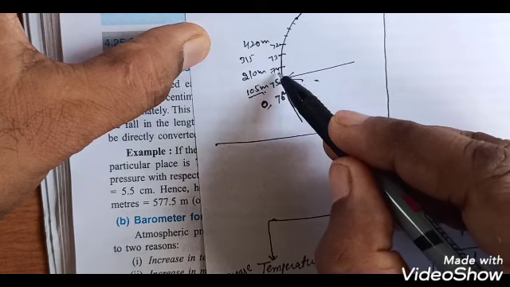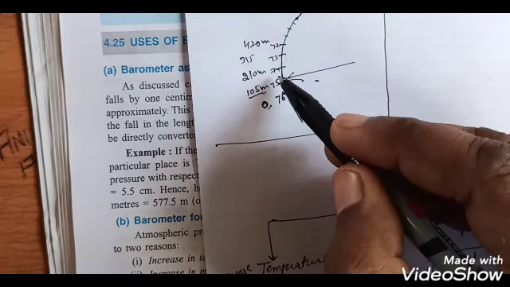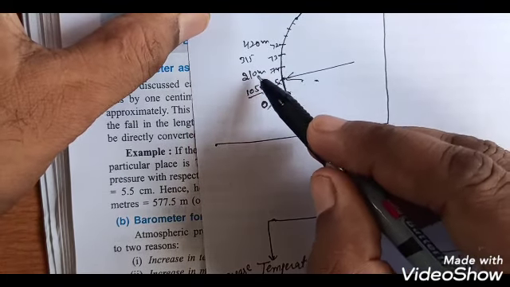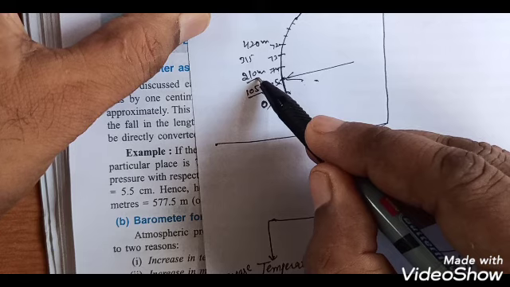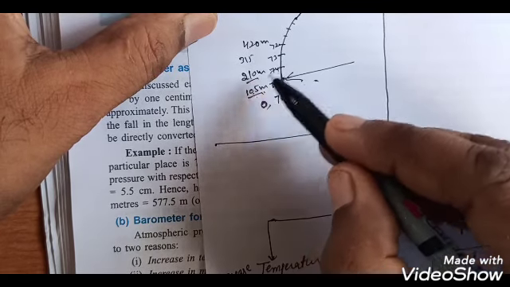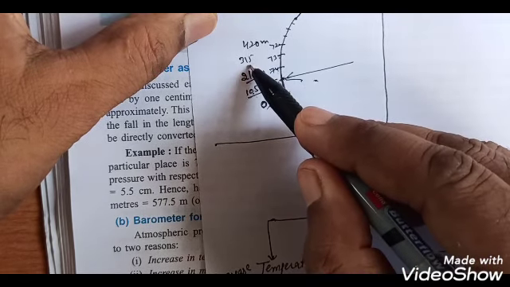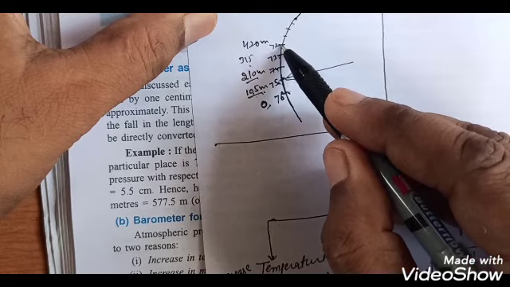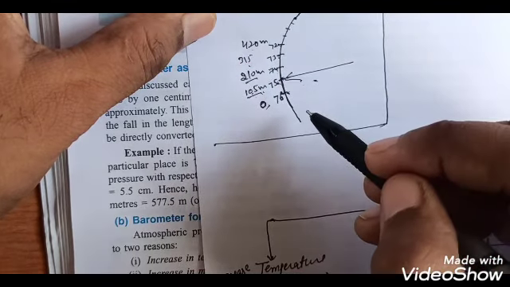If pressure further falls to 74 when we go further up, then what is the height of that place from sea level? 210, double of 105. At 73, 315, 3 times of 105. 72, 420 and so on.